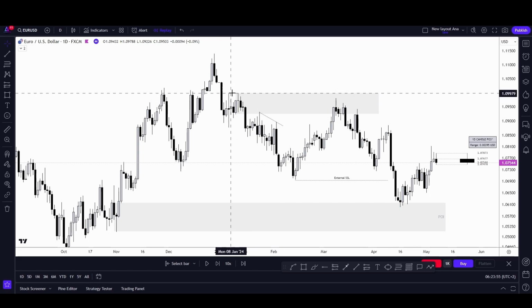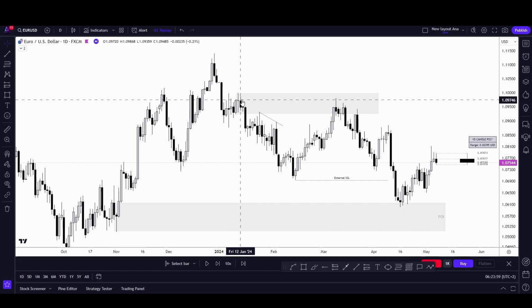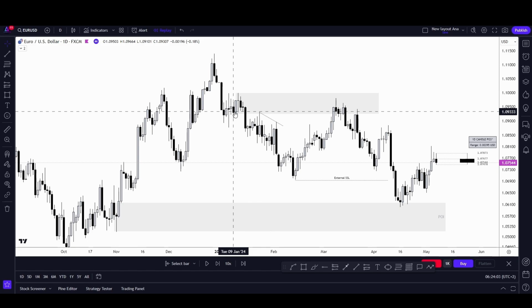So sometimes, yes, we are going to have equal highs even at the place where these order blocks and fair value gaps have been created, but this will help us to differentiate between higher probability and lower probability zones.